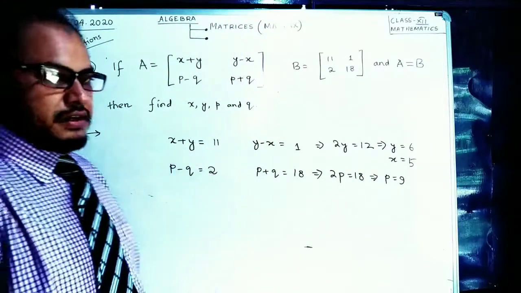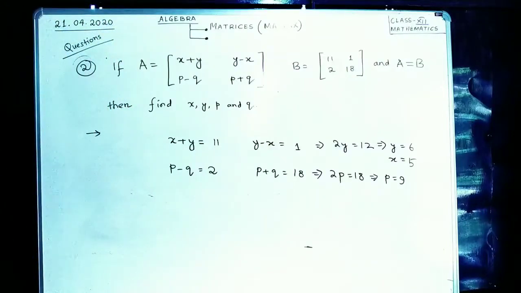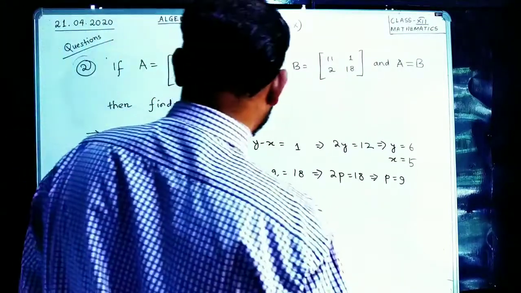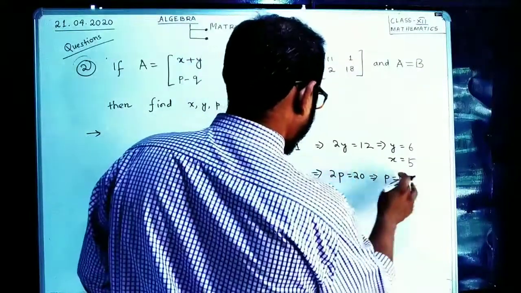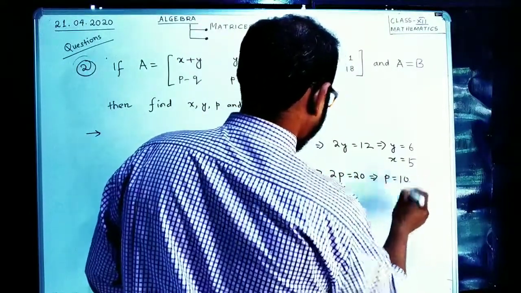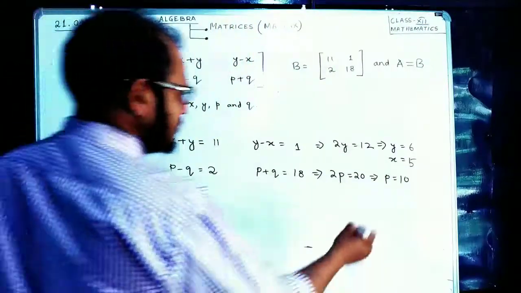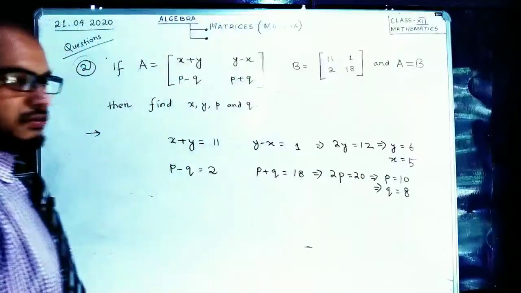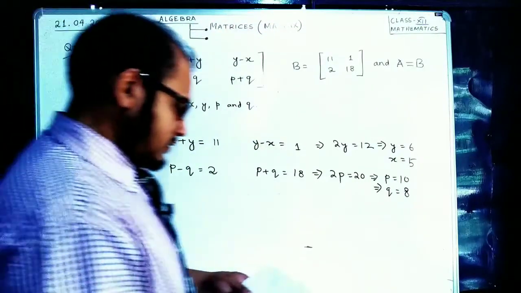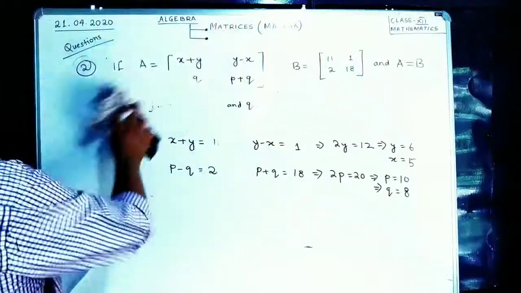You find it out. Sorry, it's not 18, it's 20. p equals 10. So if p is 10, then q must be equal to 8. Simple. Let's say we have another question.